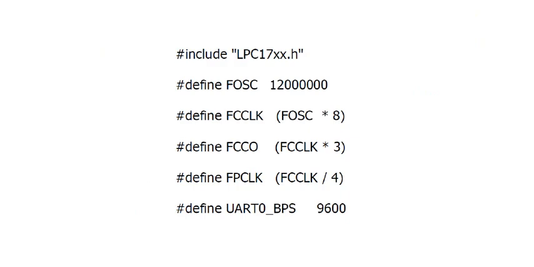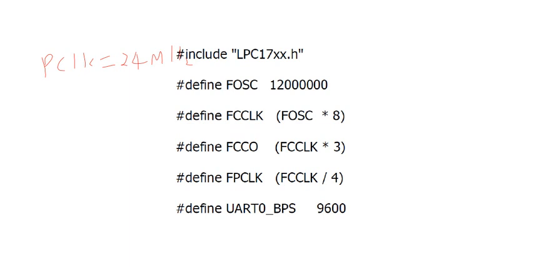If you look at the code, before starting the code, we have to look at one key parameter, that is the peripheral clock. The peripheral clock in LPC2148 is roughly 24 megahertz. So the 24 megahertz is the peripheral clock we are going to use.